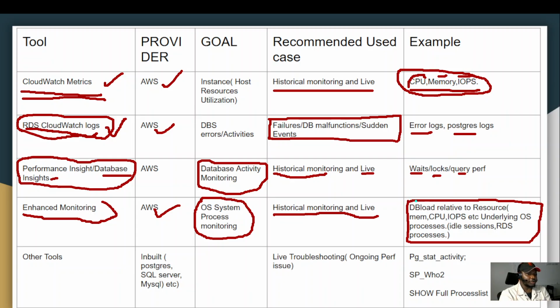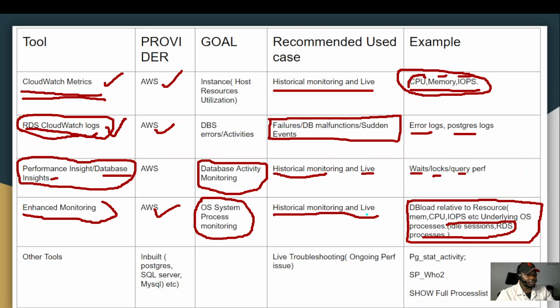You can see the CPU being consumed by a user, or by a single process, let's say a process ID, PID, that is running in your RDS instance. You can see the memory and the CPU it is consuming. Right? You can monitor very critical issues like idle sessions. You can capture them and see those process IDs.